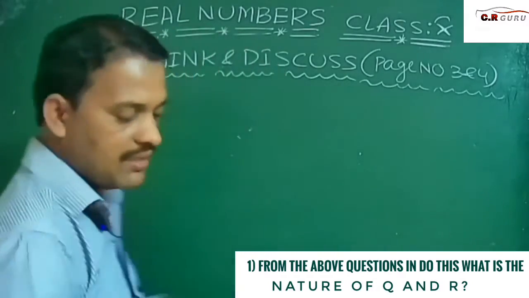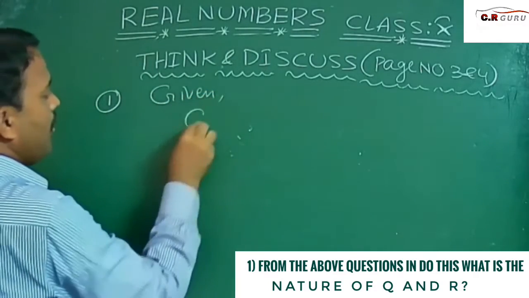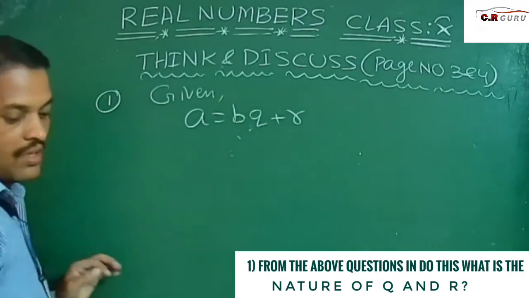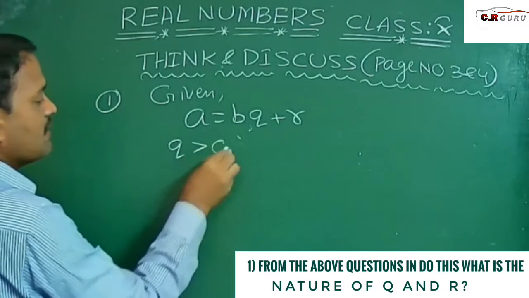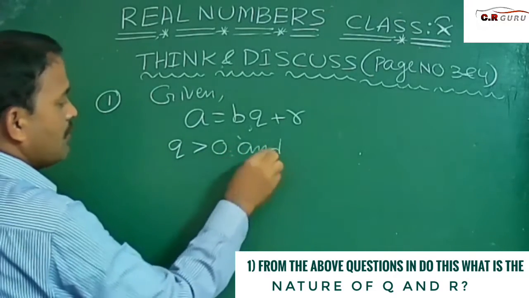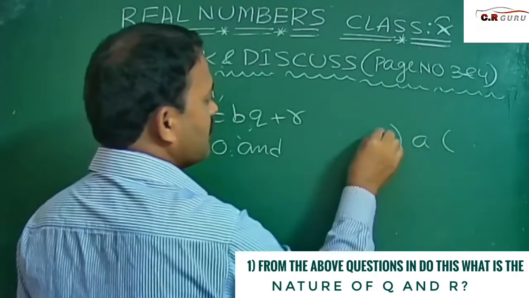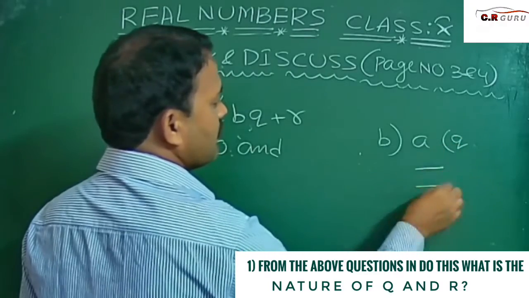First of all, what is given? Given a = bq + r. Here q is always greater than 0. Take a divided by b, the quotient is q and the remainder is r.